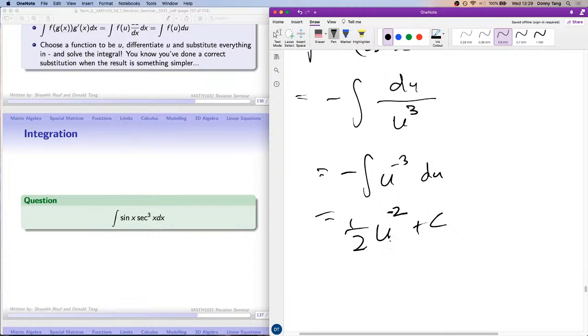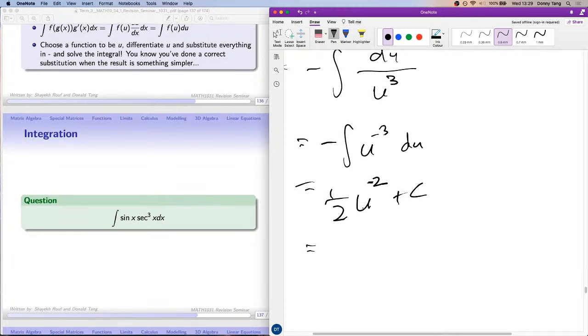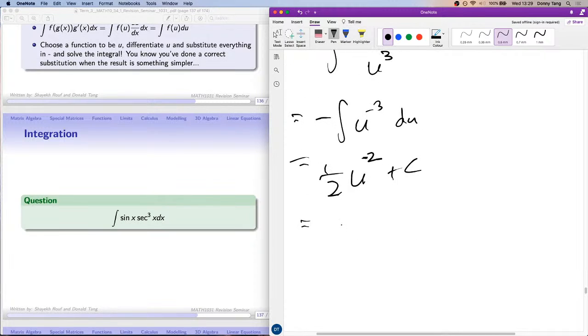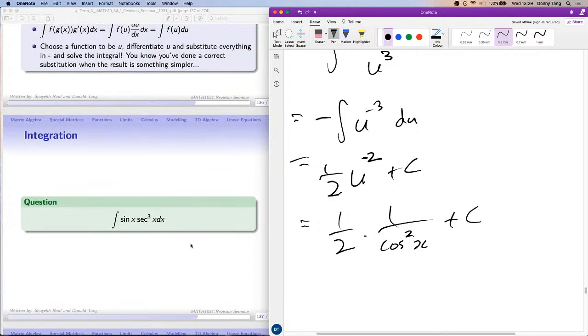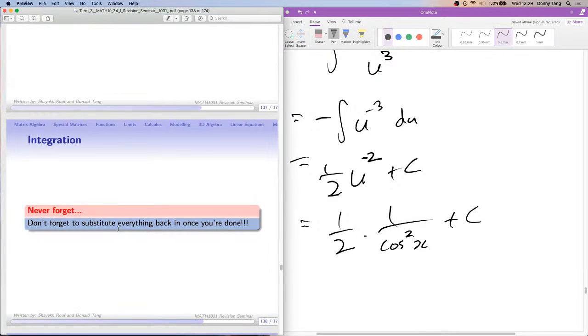This is a negative 2 here, I'm pretty sure. And then what you want to do is substitute everything back in. So since we already know u was cosine x, this is going to be a half times 1 on cosine squared x plus c. And that's going to be your final answer, right? That's pretty much it for this. And never forget to substitute everything back in once you're done.